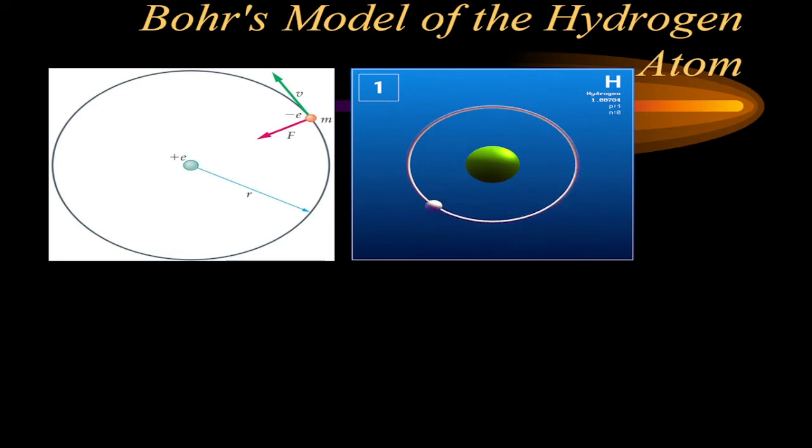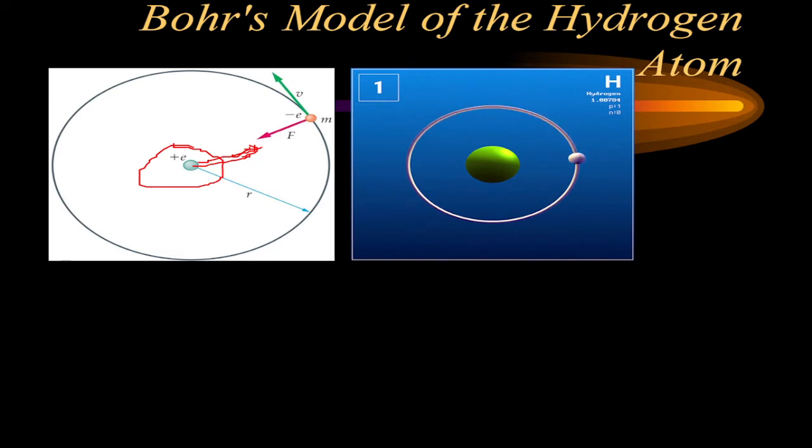All right. So since we knew that the electron is circling around our nucleus, it has its acceleration, and we know that there is also an interaction between the proton and the electron. We know that there is an electric force that is present in between them.